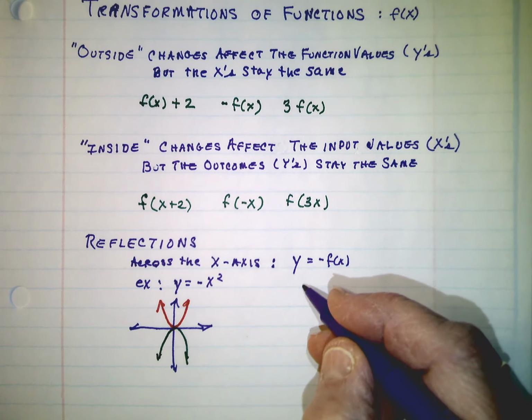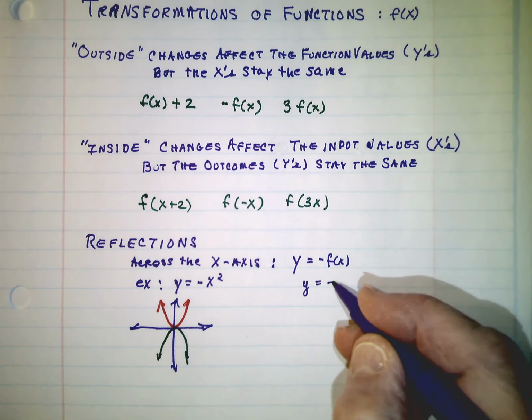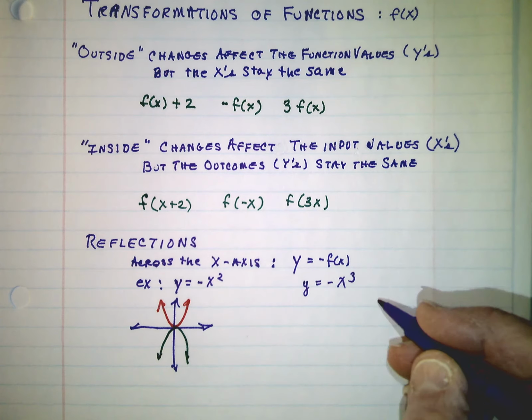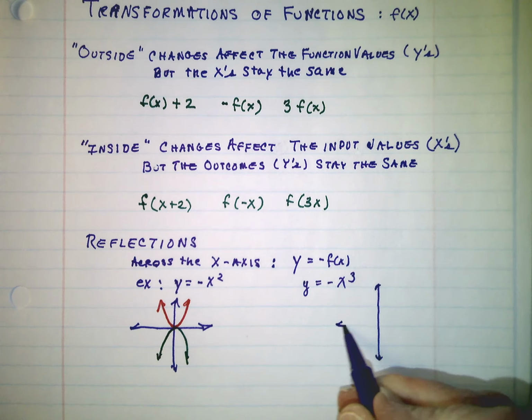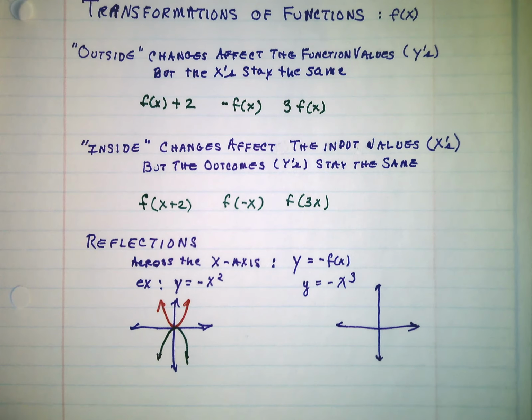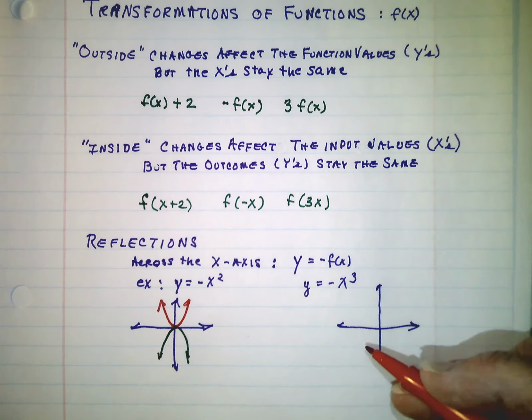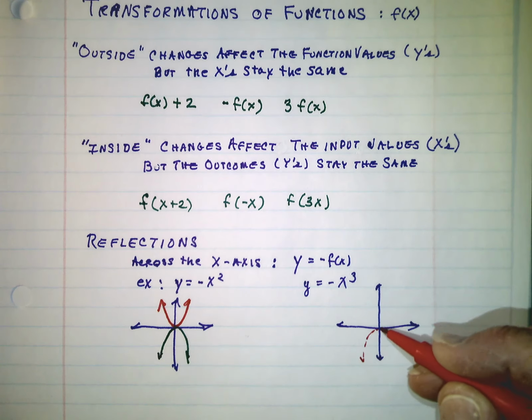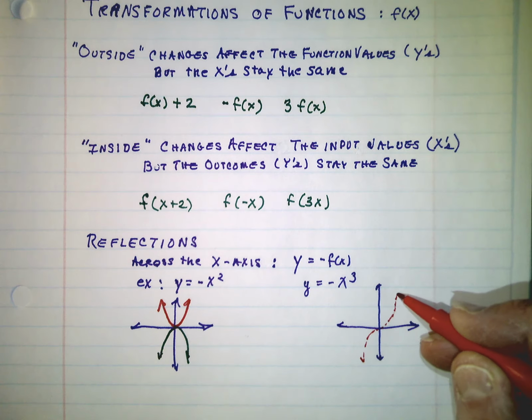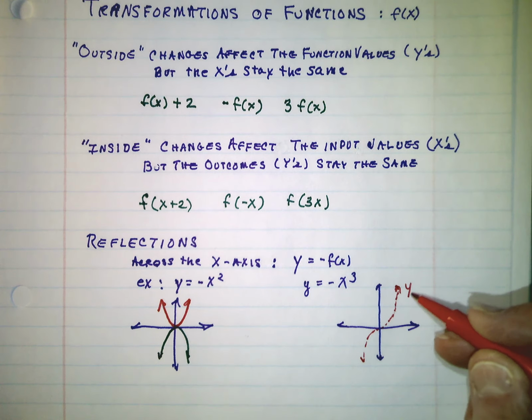So how about if we have y equals negative x cubed? So I'm going to draw the parent graph, which I'm sure you remember. There's this little zigzag here. So that's the parent function.